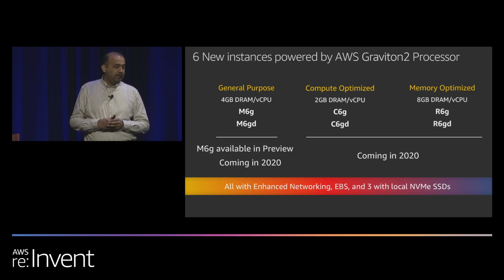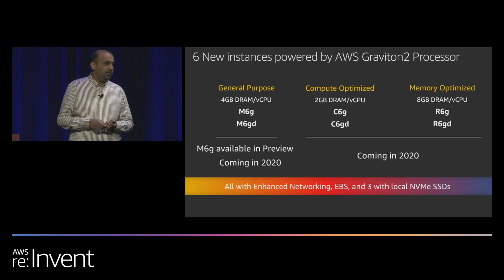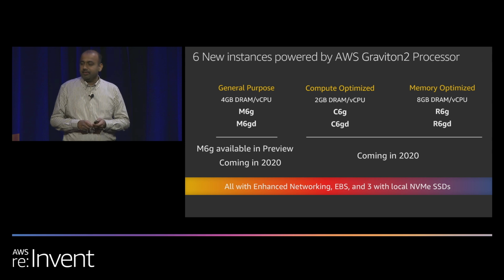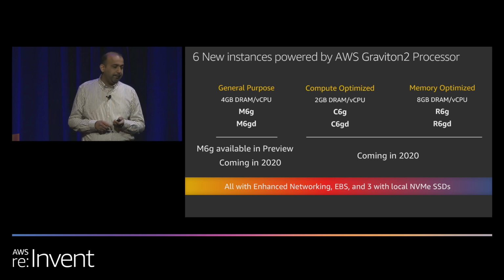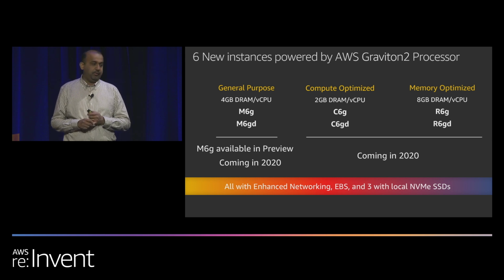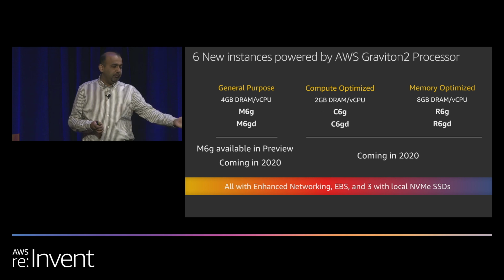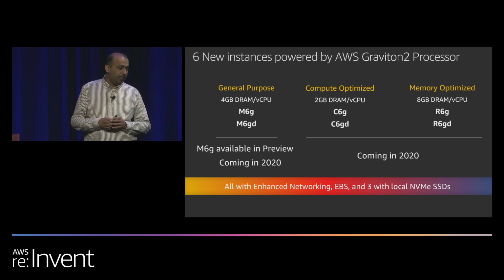These are part of our general purpose, compute optimized, and memory optimized instance families, and they are our first 6th generation Amazon EC2 instances. Our M6G, C6G, and R6G instance types are going to be powered by Graviton 2 CPUs, and they give you more options in terms of DRAM per vCPU, as well as enhanced networking and I/O capabilities.